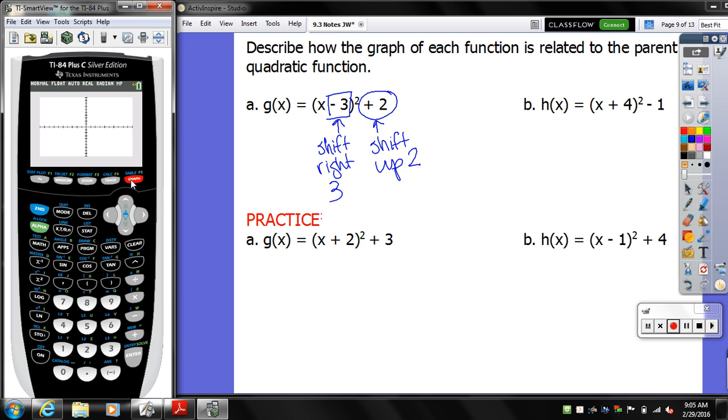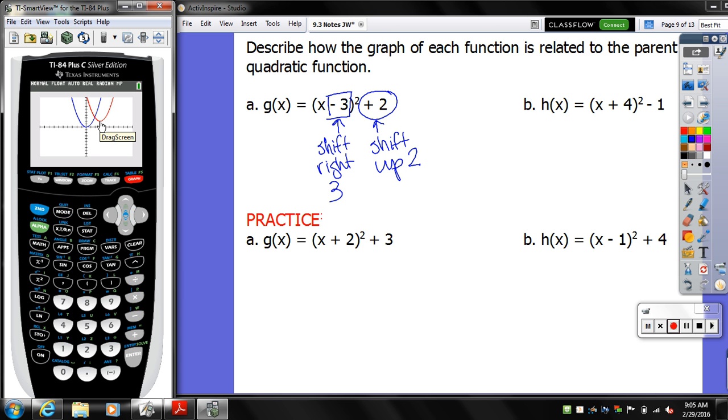I'm going to press graph. So the first one's going to be my parent. The second one should be shifted to the right 3 spots and shifted up 2. So shifted 1, 2, 3 to the right and then up 2, and that's exactly where my vertex is.